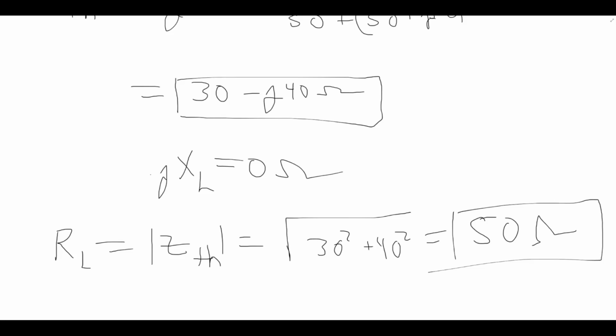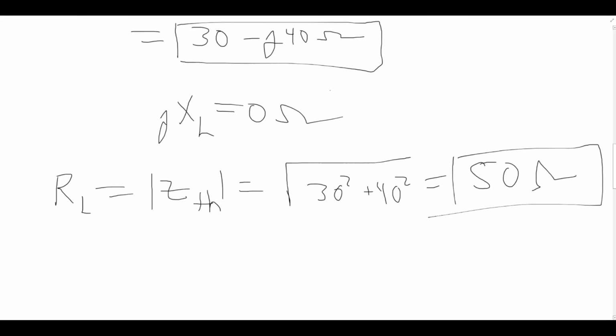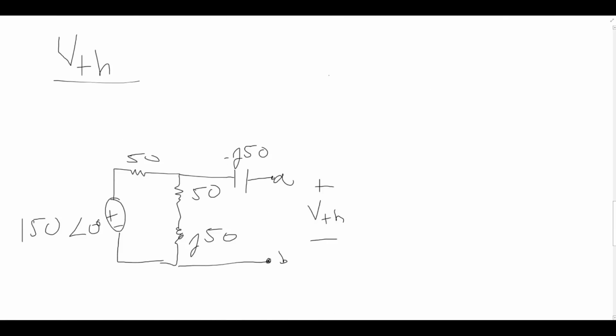Now that we found our Z Thevenin and our load resistance, we're going to find V Thevenin. To find V Thevenin, we find the voltage drop from terminal A to terminal B. Because terminal A is not in a closed loop, the voltage at terminal A is equal to the voltage at the point between the 50 resistors.